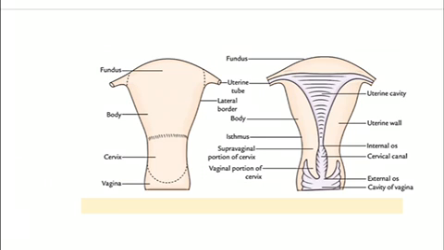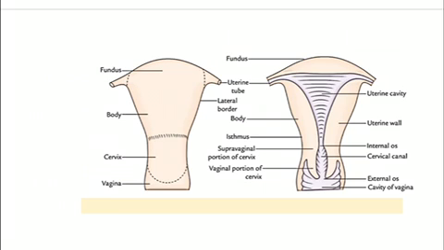The supravaginal part of the cervix is separated from the bladder anteriorly by some loose connective tissue, and from the rectum posteriorly by the recto-uterine pouch.